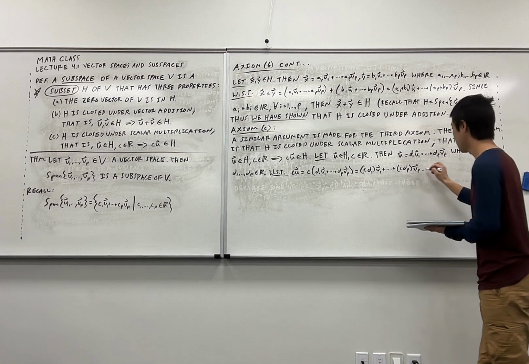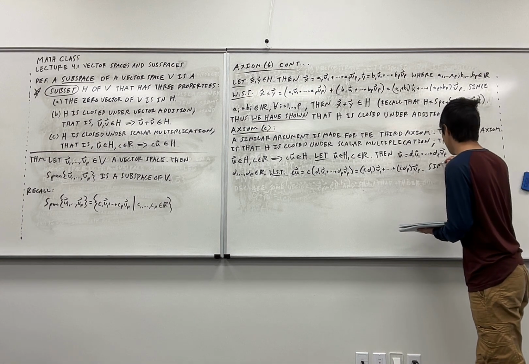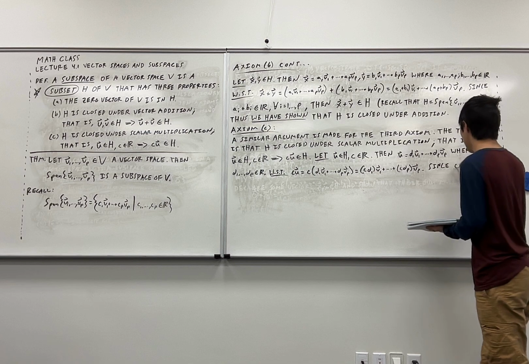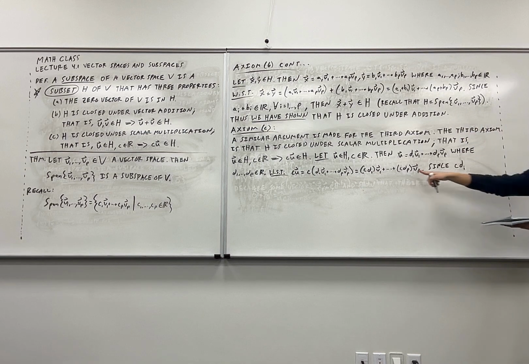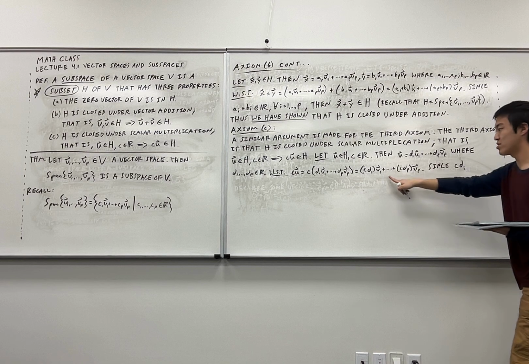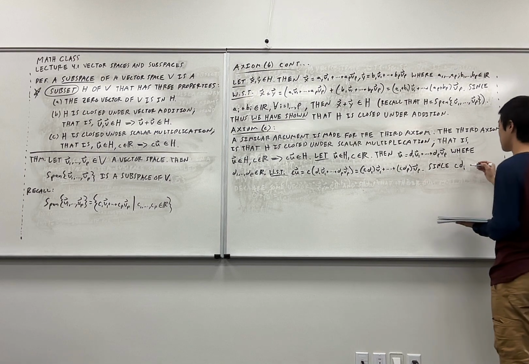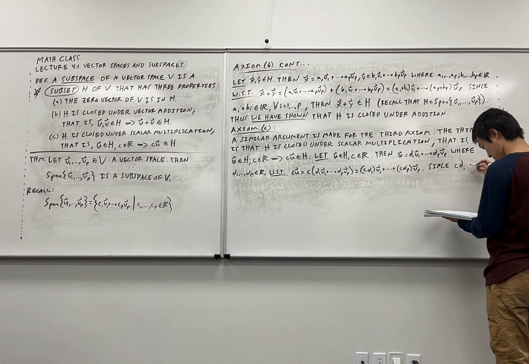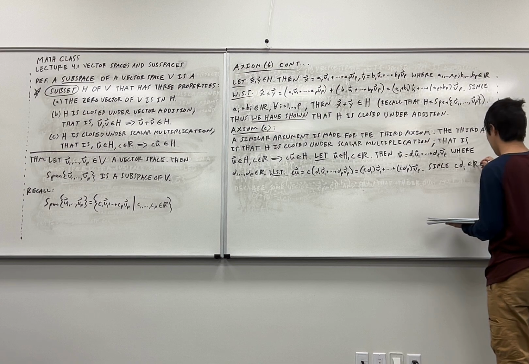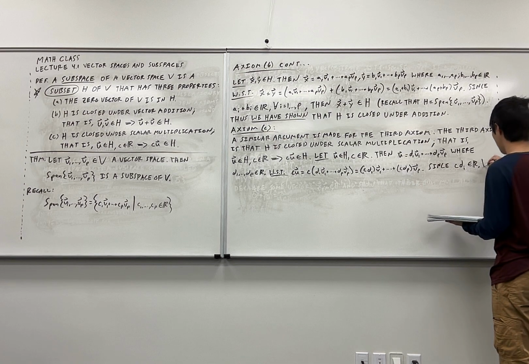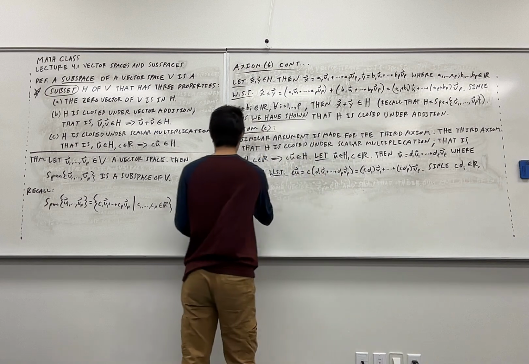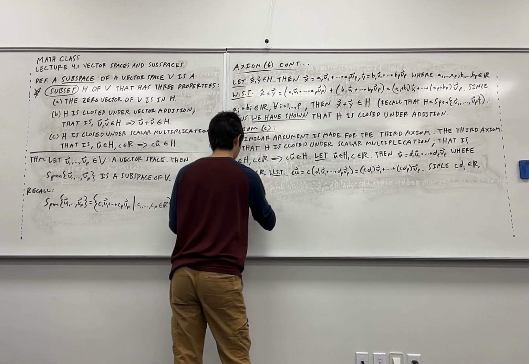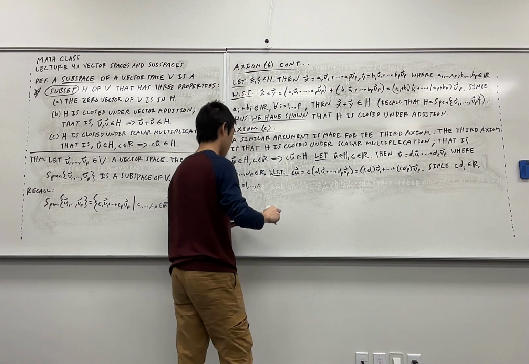And again, since each scaled di, so c times di, so that's cd1, cd2, cdp, etc., right? So cdi is just another constant for all i that starts at 1 goes to p.